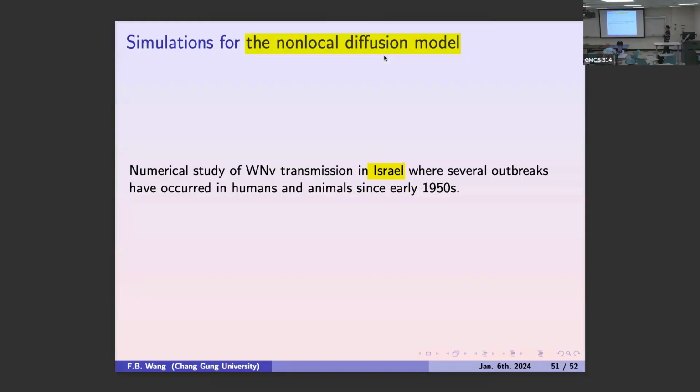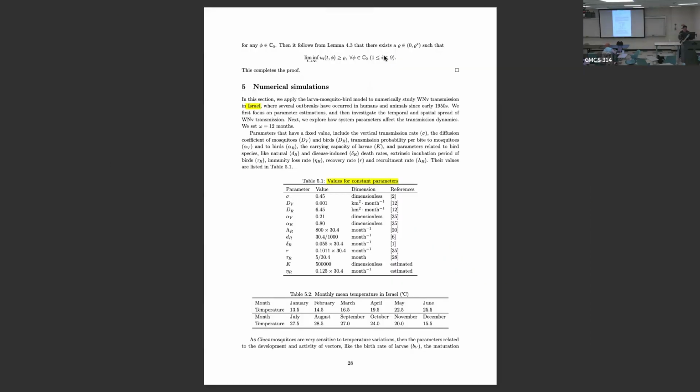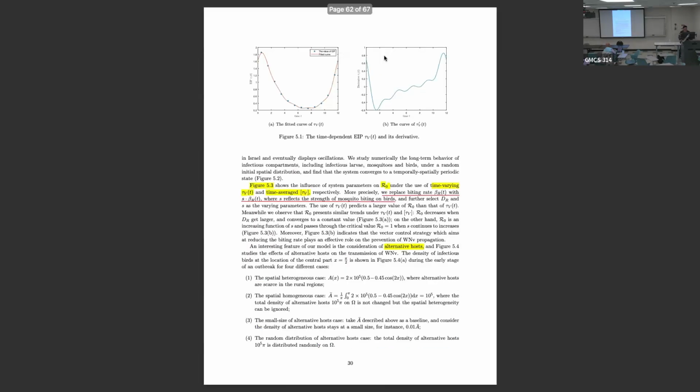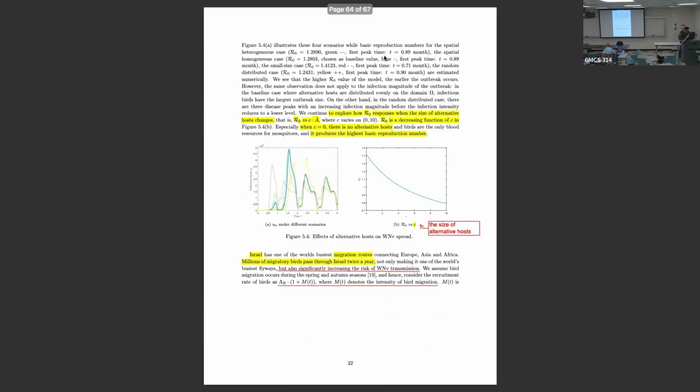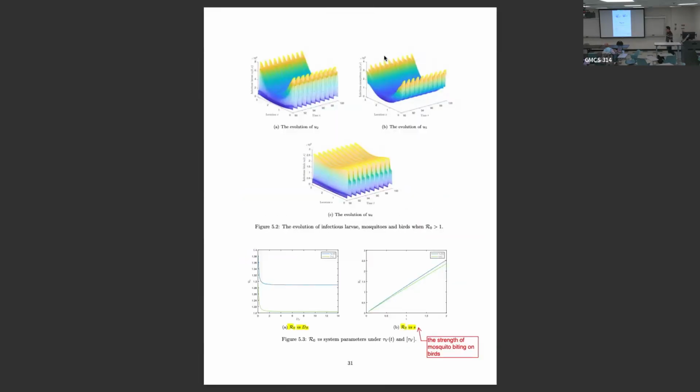And for the second model, we include the spatial variation. We also found some data from Israel. Here I just mention this one: the dependence of the reproduction number on the diffusion.